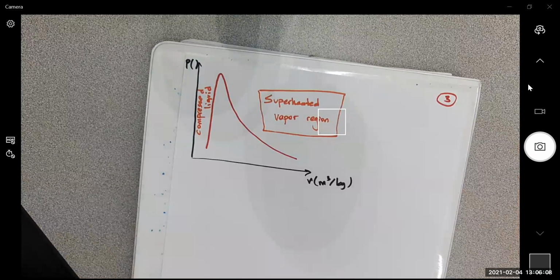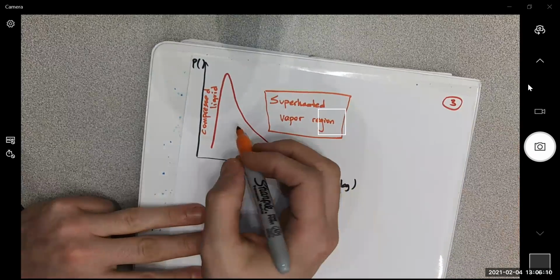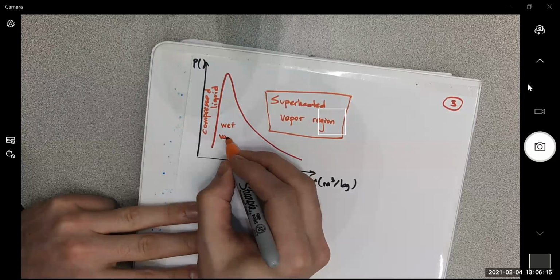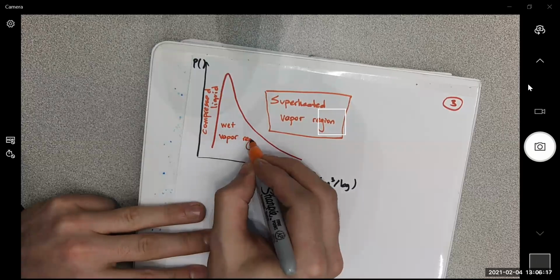And under the saturation curve is the wet vapor region.